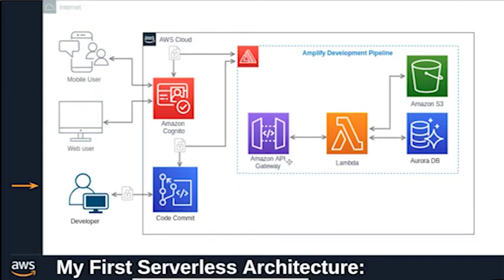Then these REST APIs will get executed with Lambda for business logic or other event-based triggers, like if any user is uploading their profile picture on S3, then it will trigger an event to execute some operations.